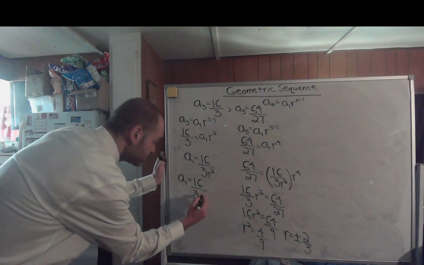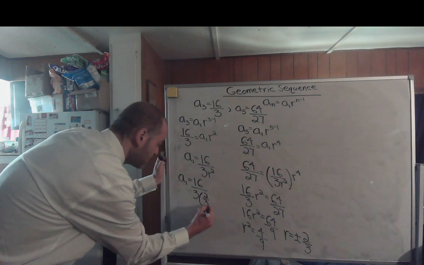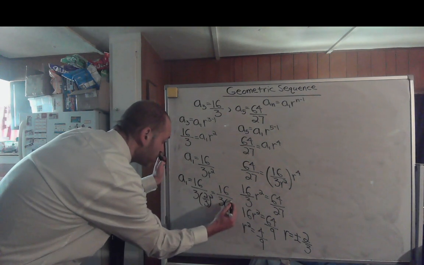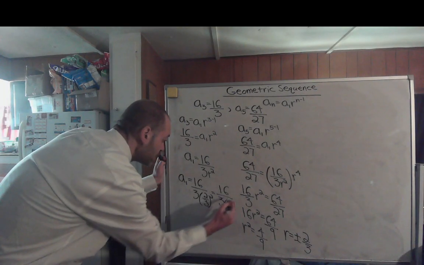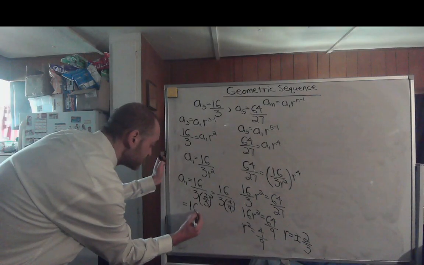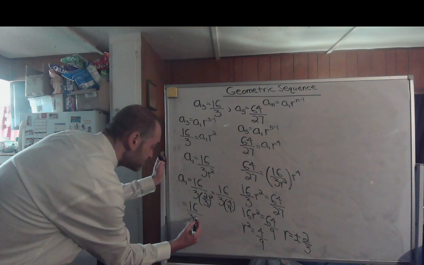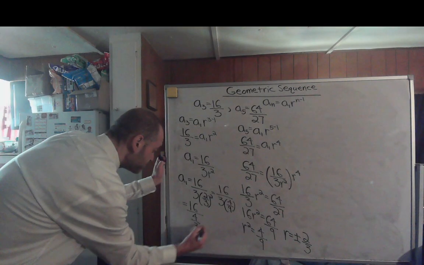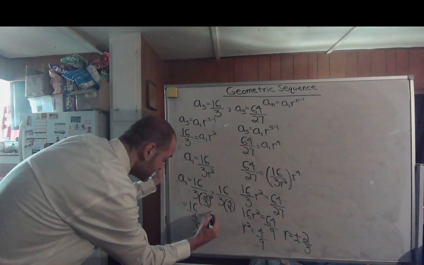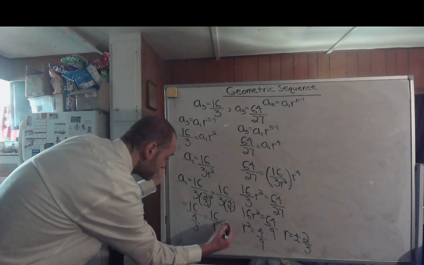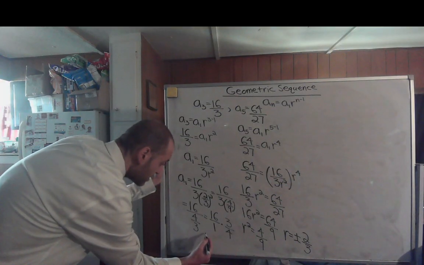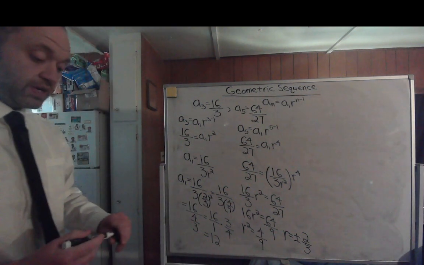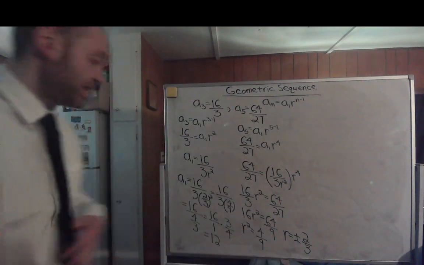So 3 times 2/3 squared equals 16 over 3 times 4/9, which is going to equal 16 over 4/3, which would end up giving me 16 over 1 times 3/4, which would turn into 12. So now we know that a sub 1 is 12, and then my common ratios are both positive and negative 2/3.